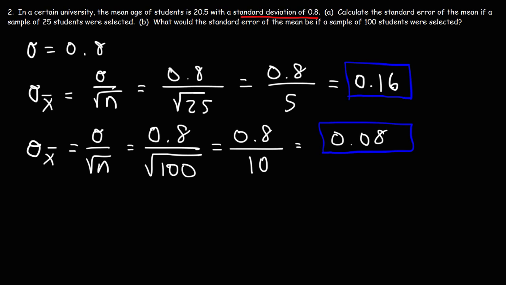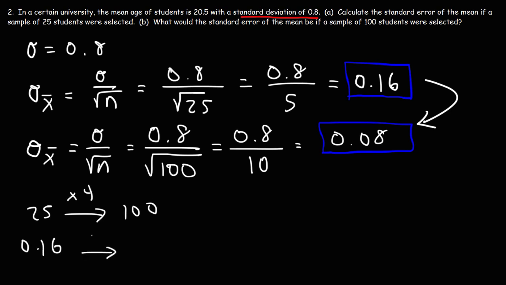So notice that the standard error decreased from 0.16 to 0.08 when n was increased. Notice that we increased n by a factor of 4. The standard error decreased by a factor of 2. So if you quadruple the value of n, the standard error will decrease by half.